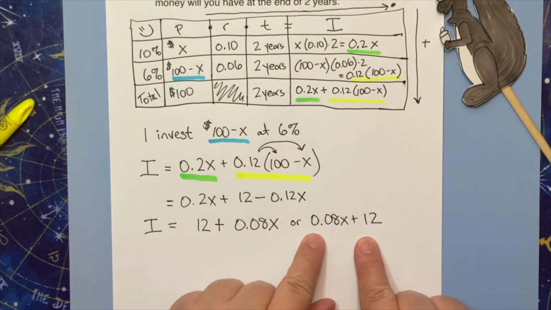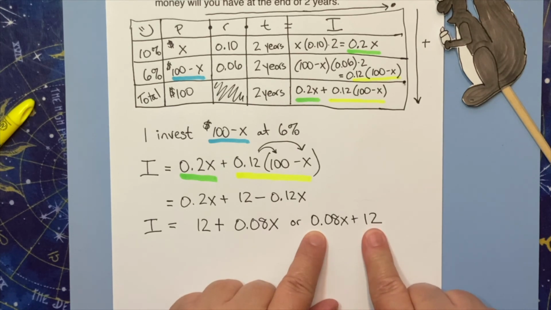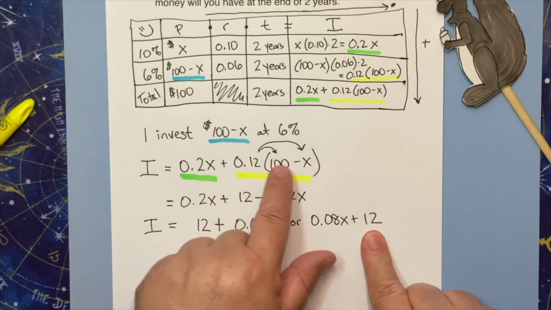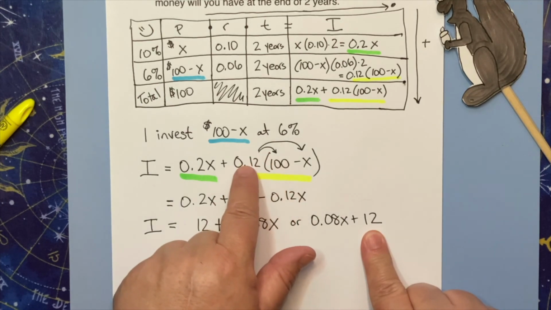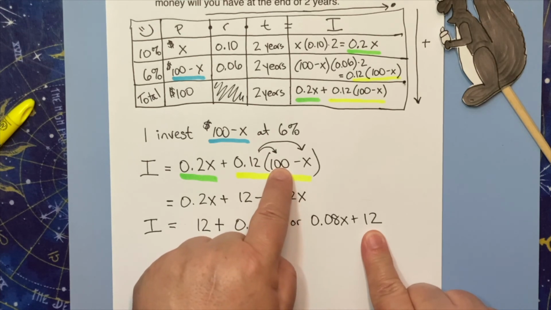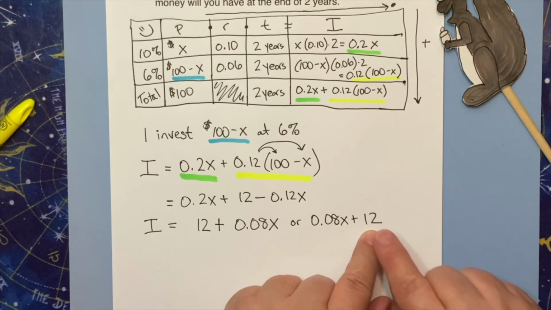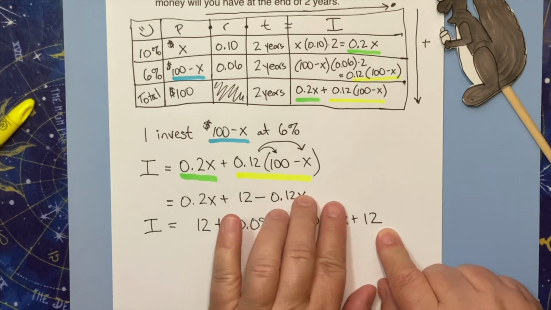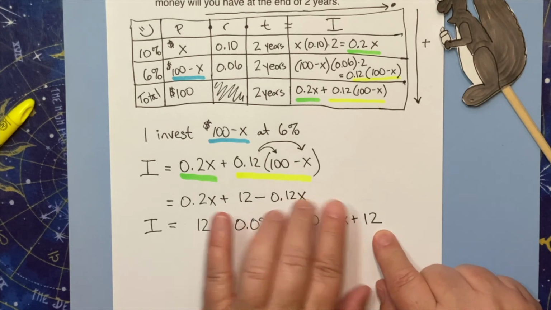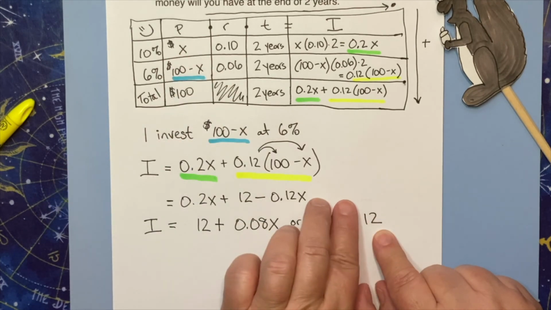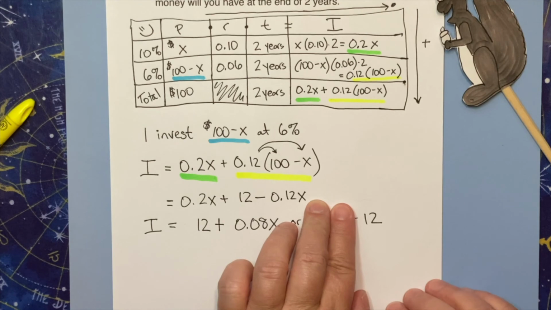But then at this point, when we look at the interest, what is $12? 12 came from 0.12 times 100. So that's 6% of $100 times 2. So this is the interest if we invest everything at 6%. We would just get this interest, nothing else, if x is 0, right? If we don't invest any amount at 10%, then this becomes 0, and our total interest becomes $12.